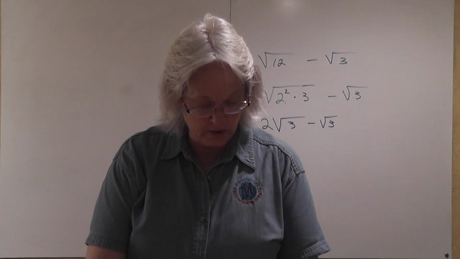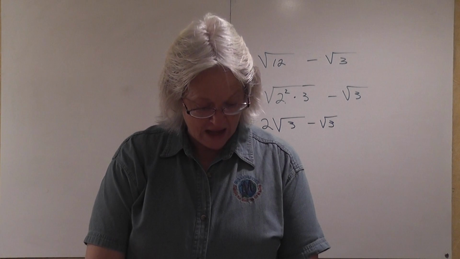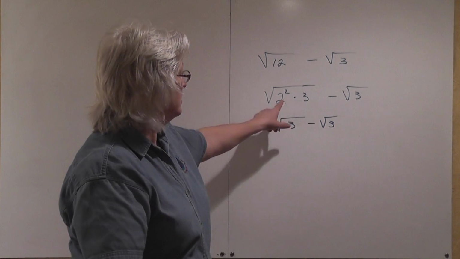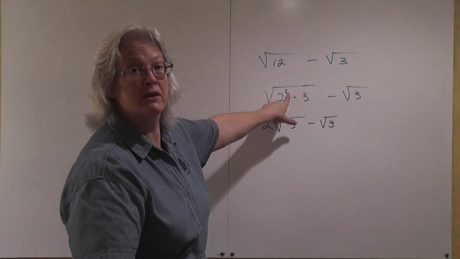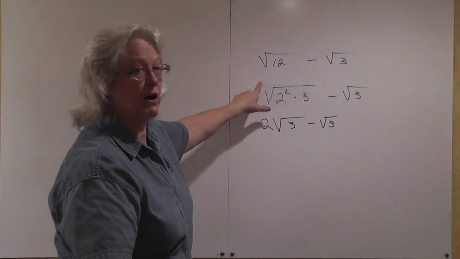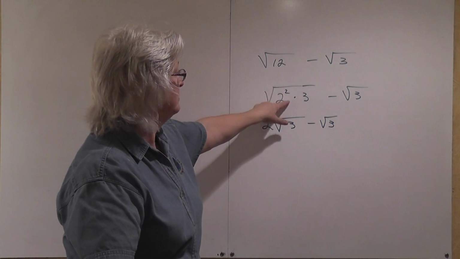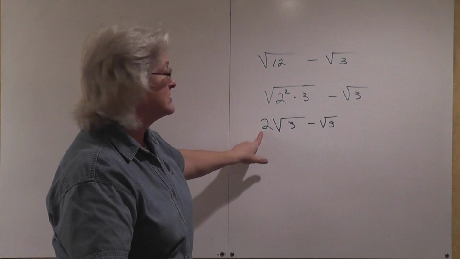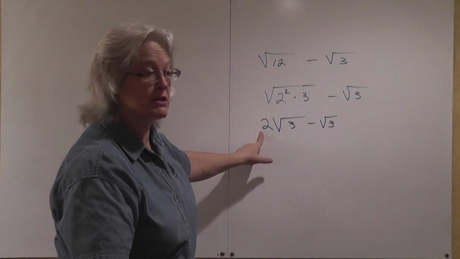The quotient becomes the exponent on the prime factor outside the radical sign. 2 divided by 2, this power here divided by the index, becomes the exponent on the factor outside the radical sign.